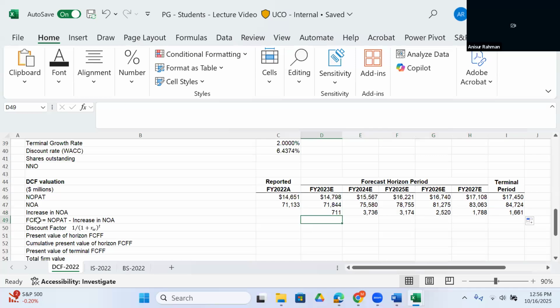And then free cash flow, which is our NOPAT minus increase in net operating assets. We will start from 2023 because remember, price means the present value of future cash flows. These are the future cash flows. This is not a future, this is today.